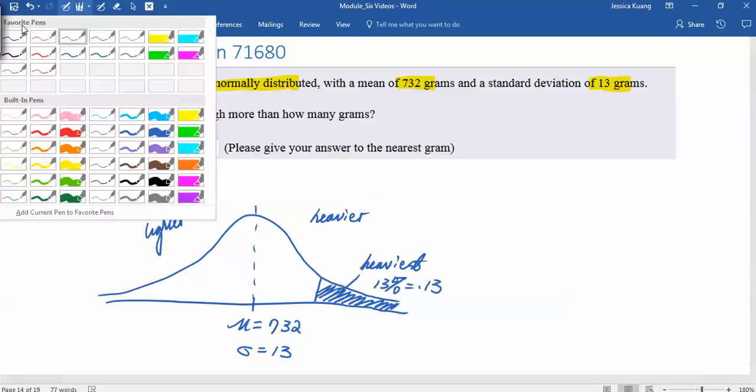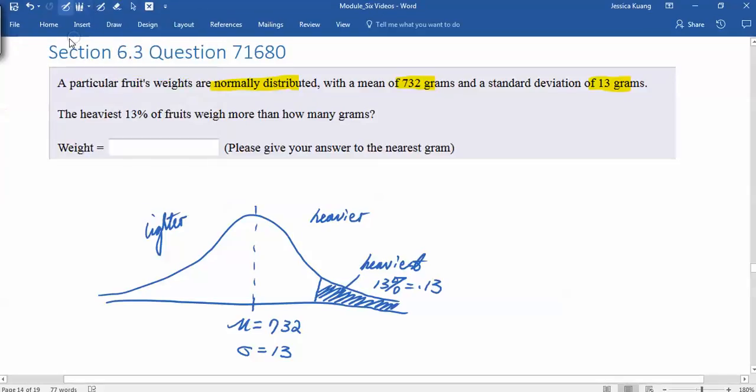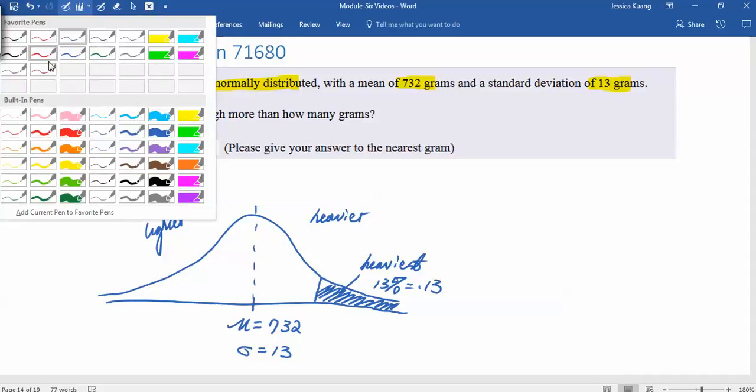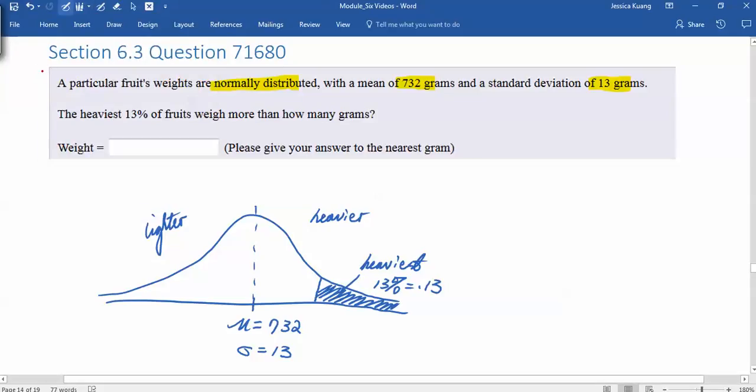And we are looking for the x value. Notice that with standard normal distribution, we use the letter z, the z-score. And when we have a normal distribution but it's non-standard, we will say the number at the bottom is the x value.